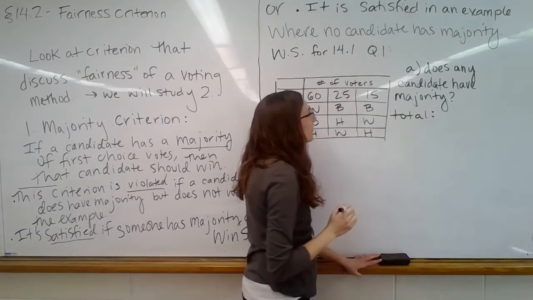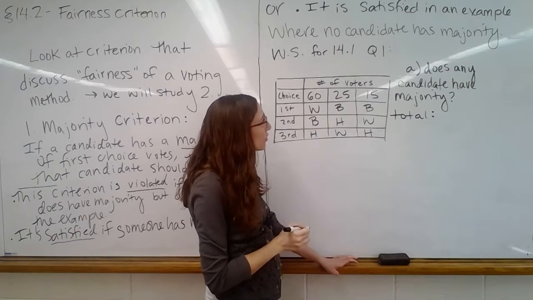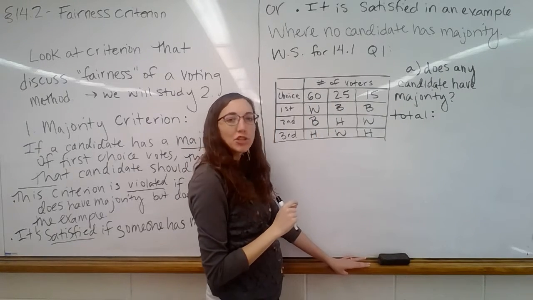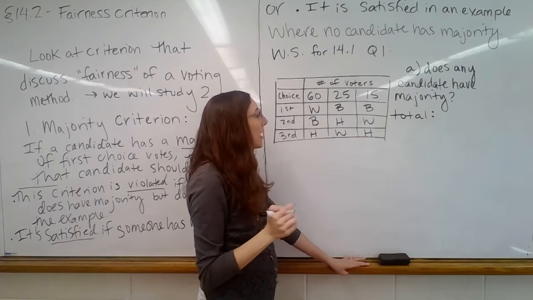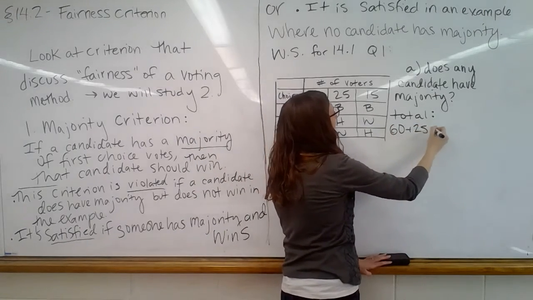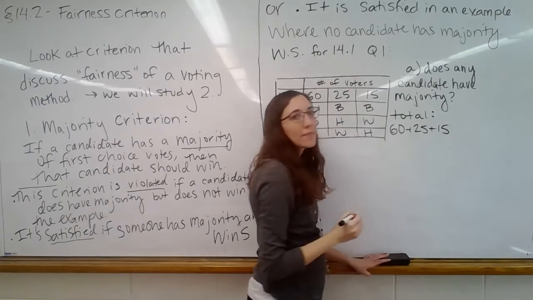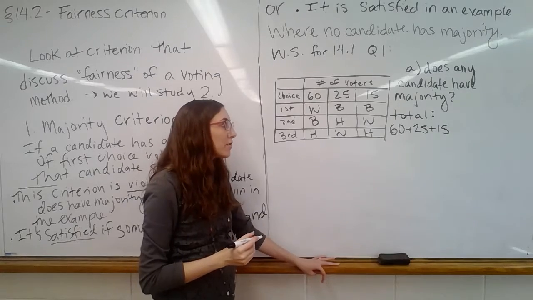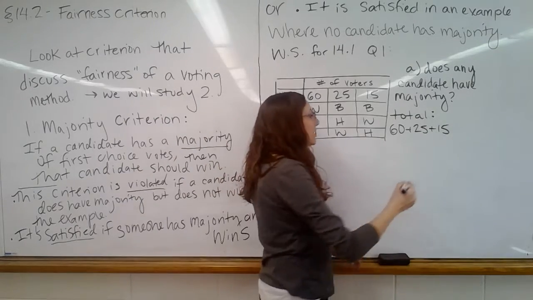If we remember back from our previous section, we have to look at how many ballots of each type were cast and then combine all those together. So we have 60 and another 25 and then another 15. And so if we do that, 60 plus 25 is 85, plus another 15 is 100.